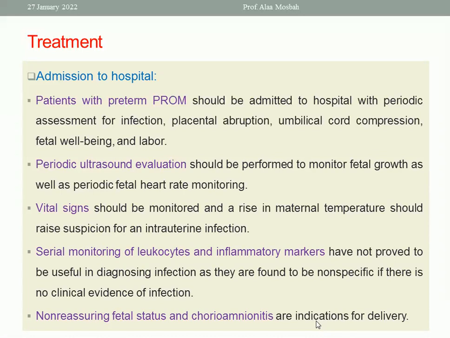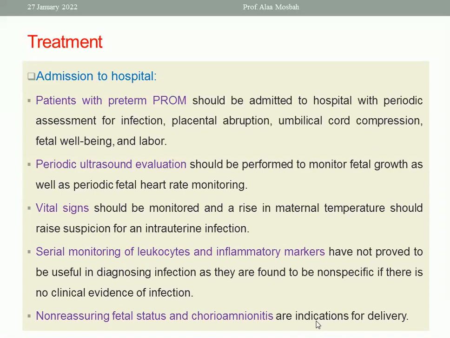So it is not specific. Okay? So depend mainly on clinical signs of infection, then you can confirm it by doing CBC for leukocytosis and ESR and C-reactive protein. But don't use it as a routine for serial monitoring.